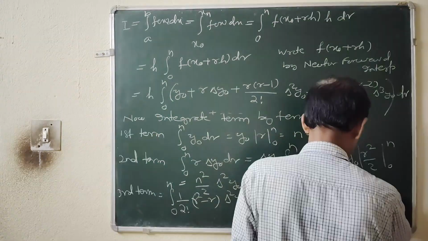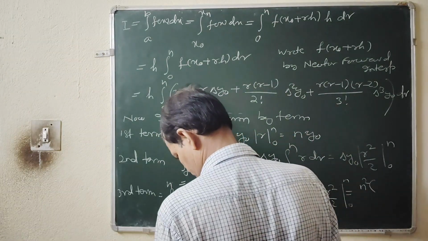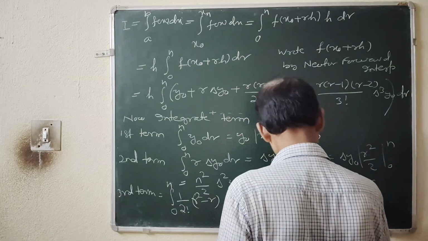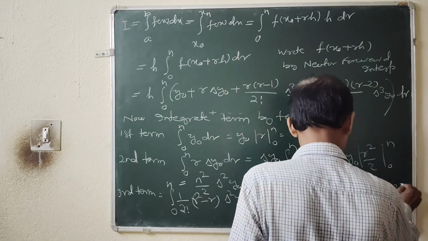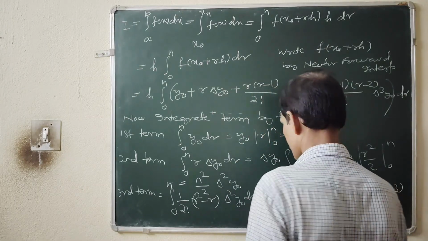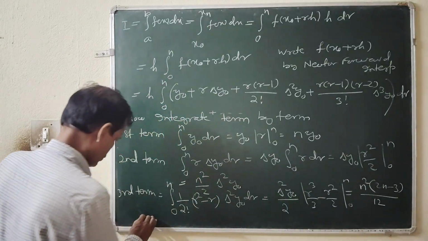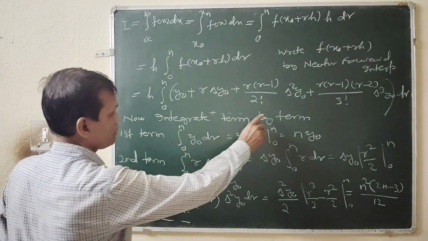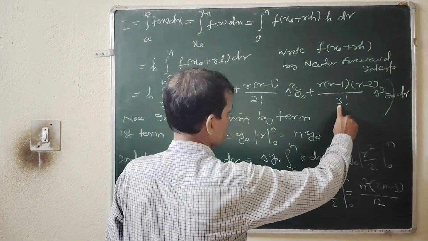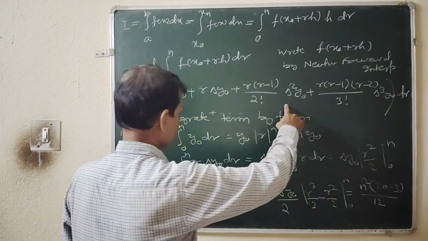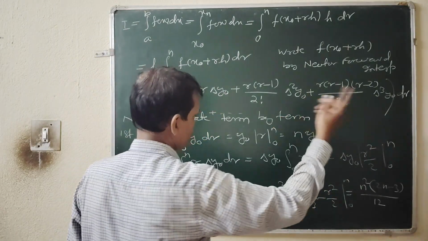So that gives n square into 2n minus 3 by 12. Like this we can proceed till the last term. This is the second, this is the third term, then the fourth term, and so on.